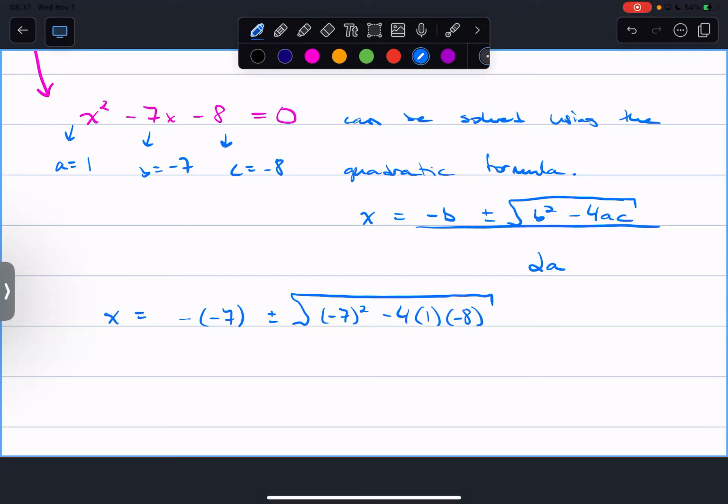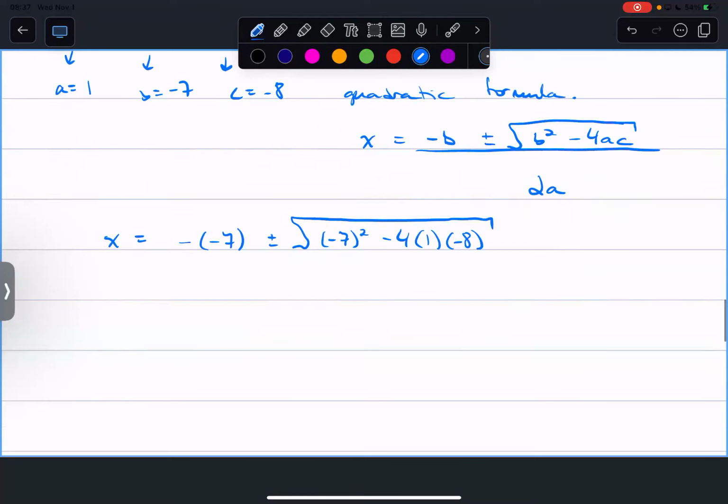I don't have that magic, and that's okay. I don't need it. A little bit more work, but it will always work.